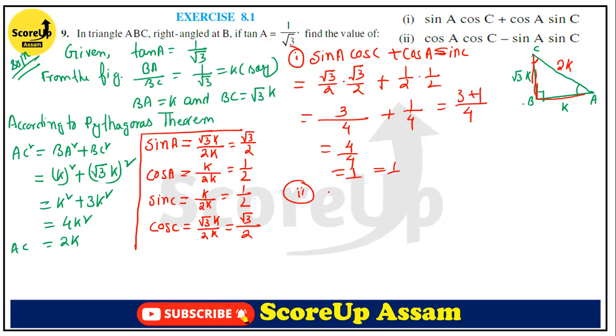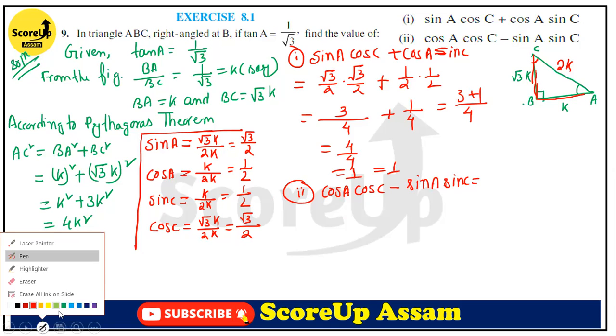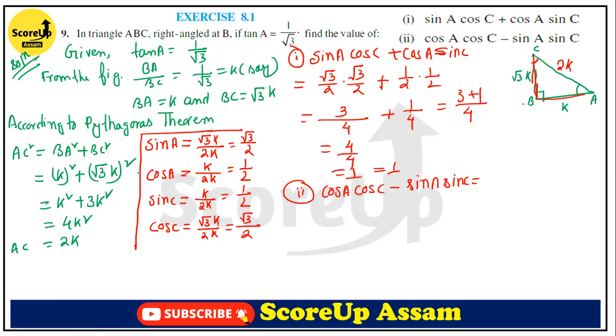Now question number 2 is cos A cos C minus sin A sin C. The value of cos A is 1 by 2, the value of cos C is root 3 by 2, the value of sin A is root 3 by 2, and the value of sin C is 1 by 2.